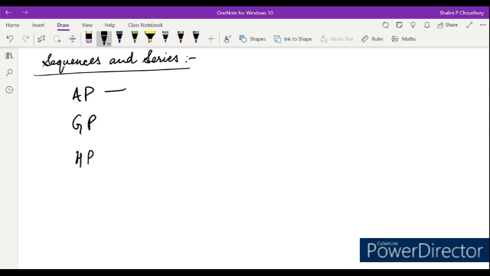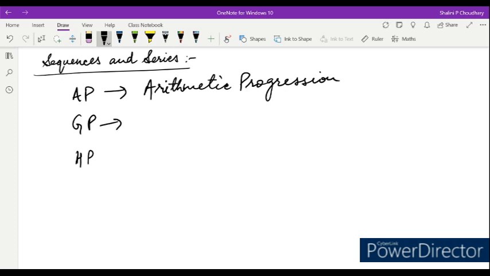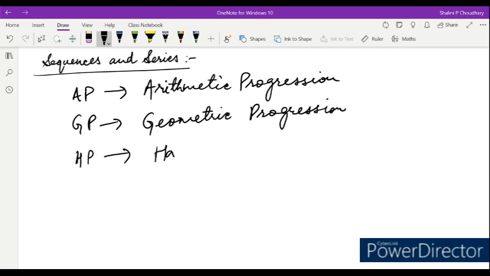This is arithmetic progression, GP means geometric progression, and HP is harmonic progression.